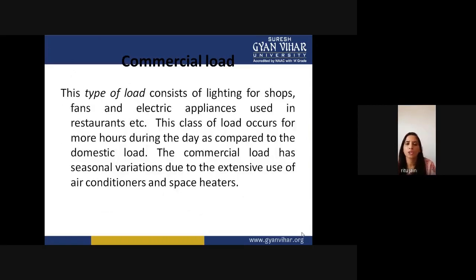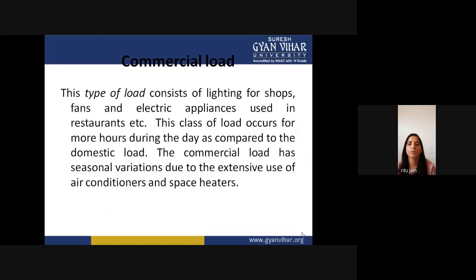Next is commercial load. This type of load consists of lighting for shops, fans, and electric appliances used in restaurants, etc. This class of load occurs for more hours during the day as compared to the domestic load. The commercial load has seasonal variations due to the extensive use of air conditioners and space heaters.